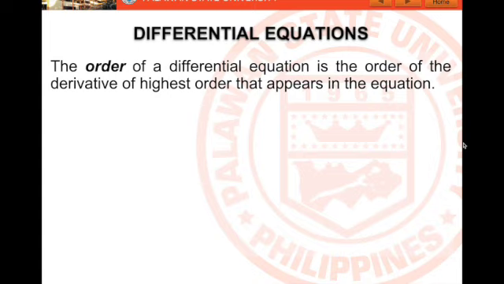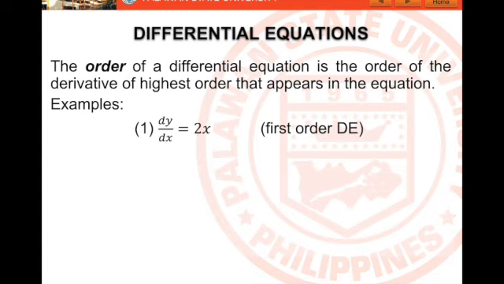Okay, so the order. Please take note of the terms that are in boldface and italics. The order of a differential equation is the order of the derivative of highest order that appears in the equation. That's quite confusing, but you will see. From our first 3 examples, let's define them.